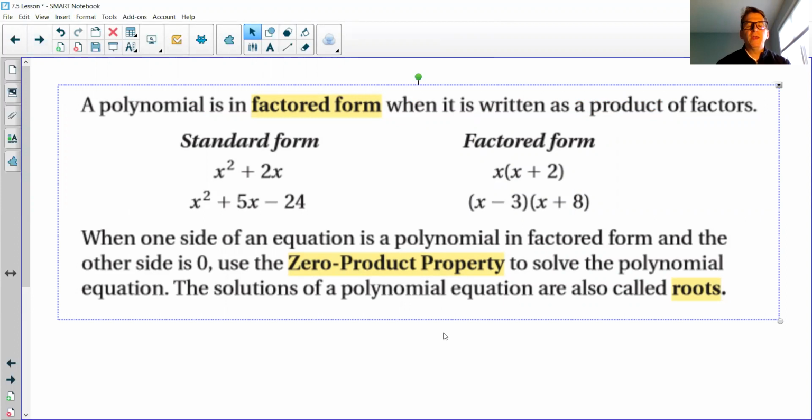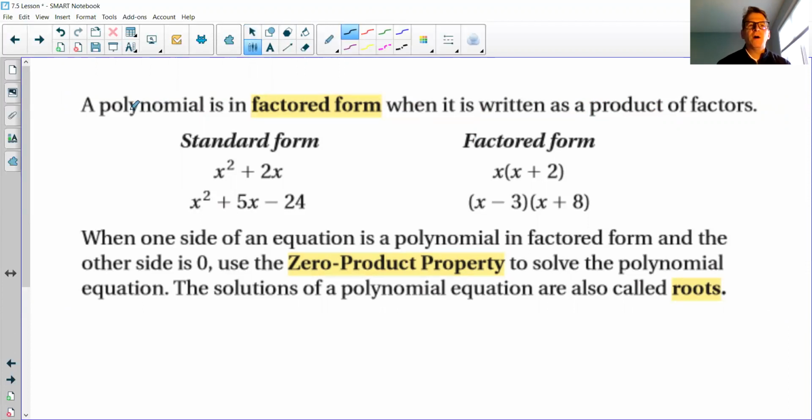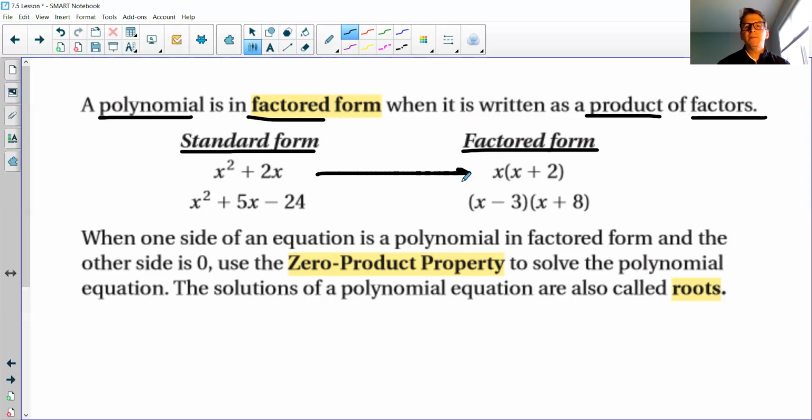A polynomial is in factored form when it is written as a product of factors. Here are some examples of standard form, and the same polynomial in factored form. x squared plus 2x is in standard form, and the factored form would be x times x plus 2.